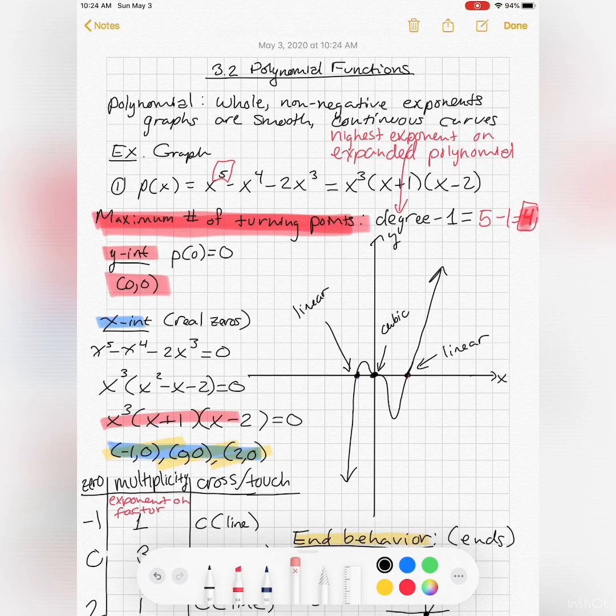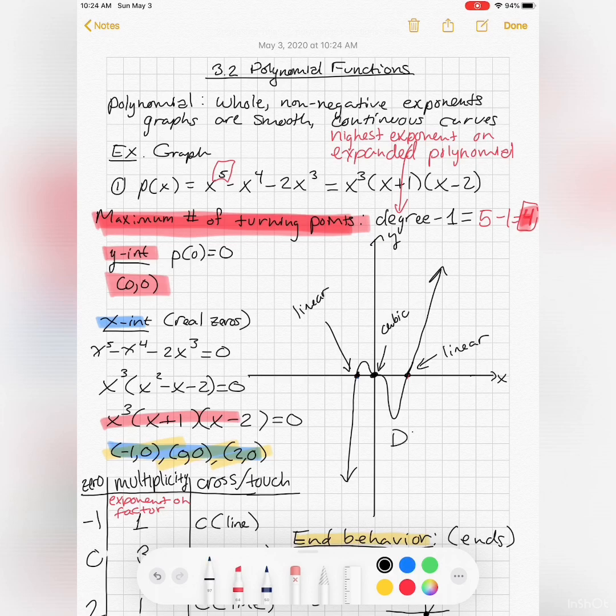Wouldn't it be possible that, say, this goes lower and this goes higher? Yes. I mean, without calculus, I can't tell you how high and how low the peak and the valley are there. But for us in this class, we're just getting a basic idea. Is it above or below? What is the behavior near the intercepts? What is the end behavior? So in calculus, you're going to talk more about exactly how high and how low those graphs go.